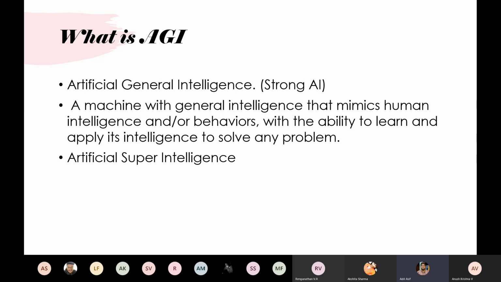But I personally believe that this might not be possible in the future. Anything can happen, but I think it might not be possible because everything has a limitation, right? Whatever we can think, we can create. I personally believe that. So if we can't think about superintelligence, we can't create it.